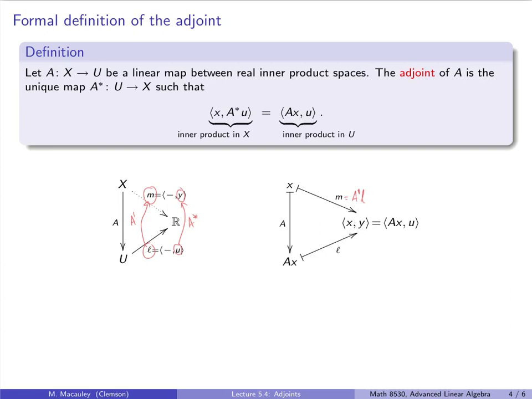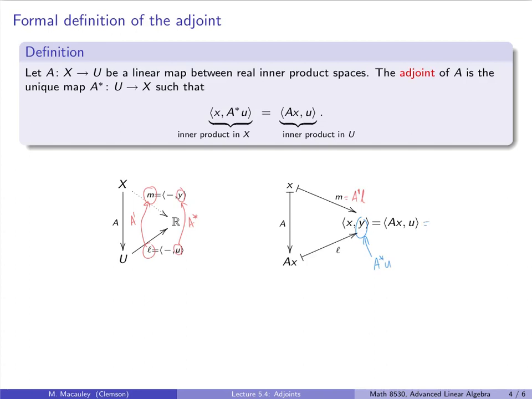Now, that has to be the same as if we apply M to x directly. And what is M of x? That is plugging x into this first coordinate. So that is the inner product of x with something else. So what is that something else? That something else is y, that is A star of u.